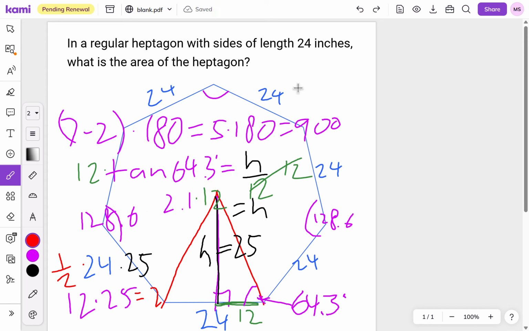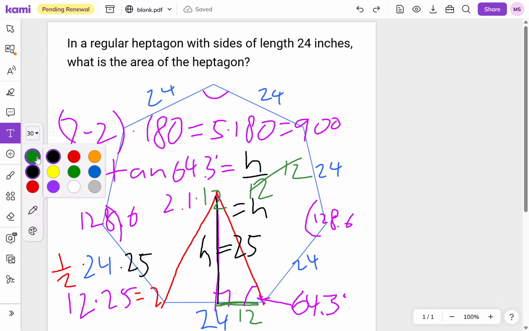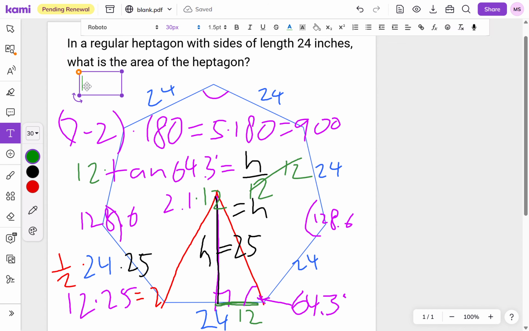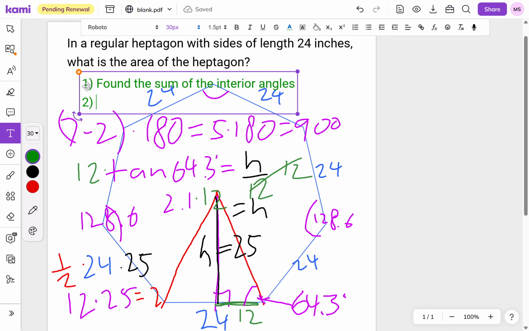So just to recap your steps, if this should help you, first we found the sum of the interior angles. And then we found each individual angle of the regular polygon. Then we did the triangle.